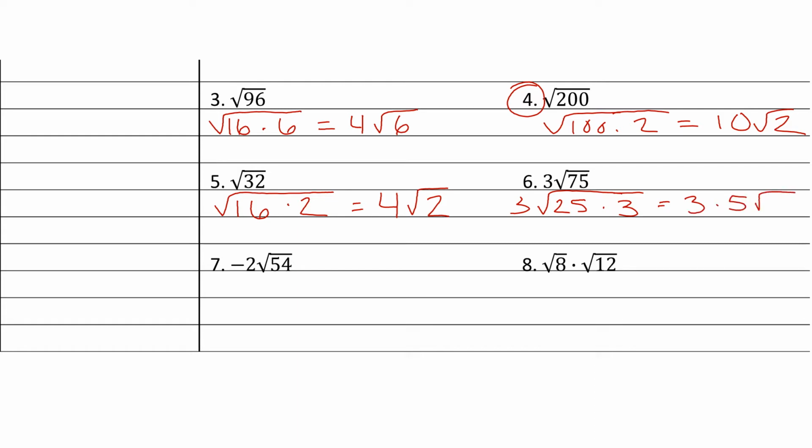So I'm going to have 3 times 5 with the square root of 3 on the inside. So I'm going to have 15 square root 3. Because I'm multiplying, you're going to multiply at the end. Because this radical symbol, we do our grouping symbols first, in order of operations. Radicals and exponents are on the same level.